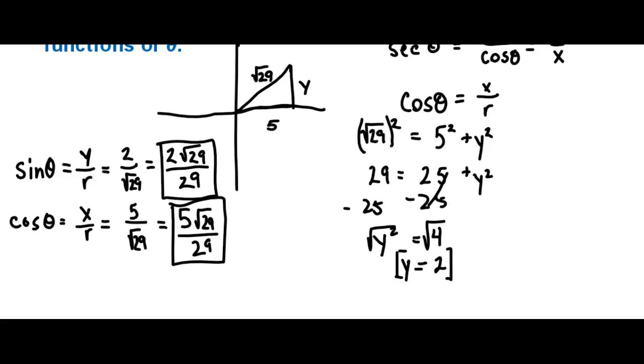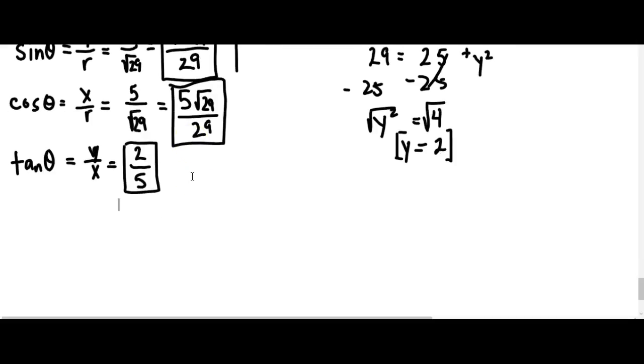Tangent is sine over cosine, or we'll use what we're familiar with, y over x. You could do sine over cosine and get the same value. But y over x would be 2 over 5. And then we just have to flip our fractions around to get the other 3.